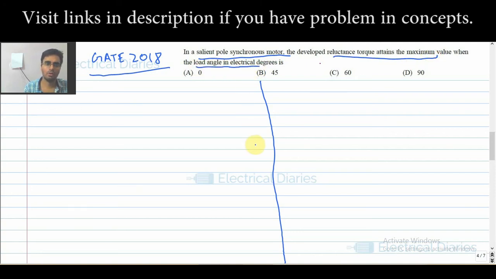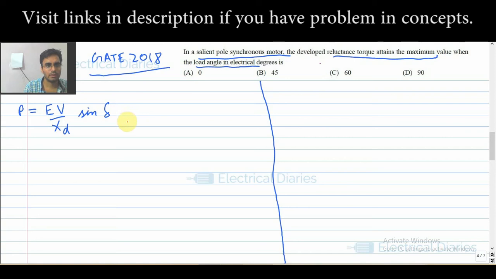See, this is the equation that you should always remember for the power in salient pole synchronous machines: EV by Xd sine delta. This delta is the load angle.